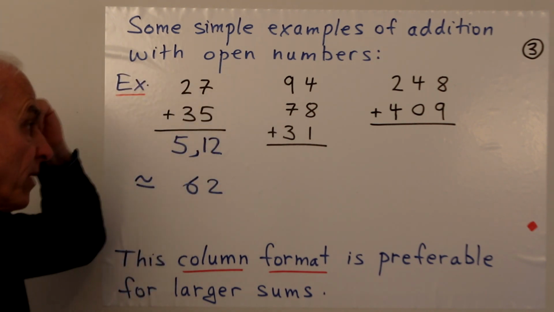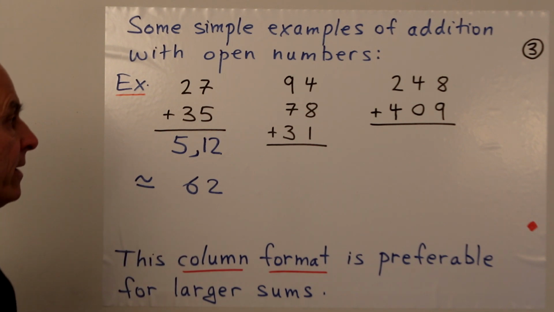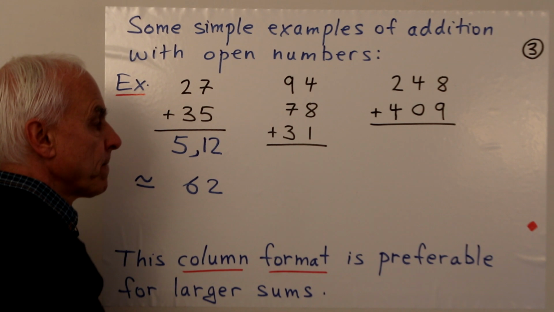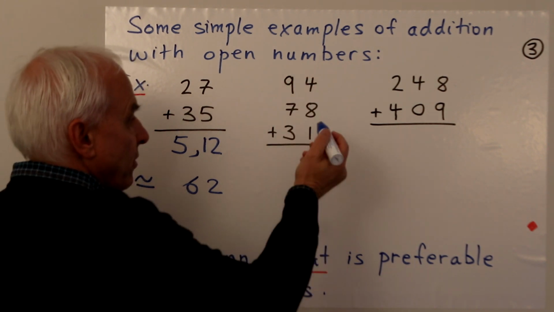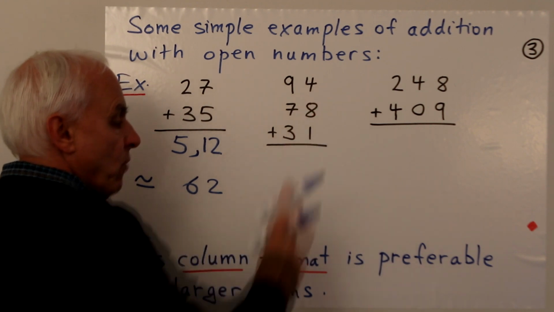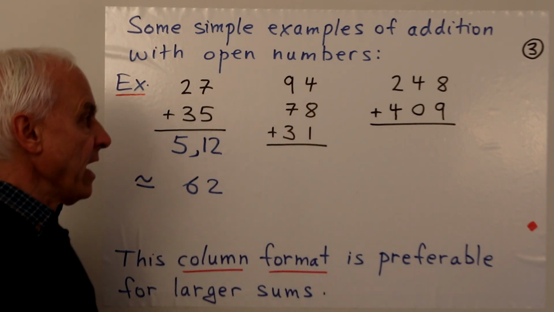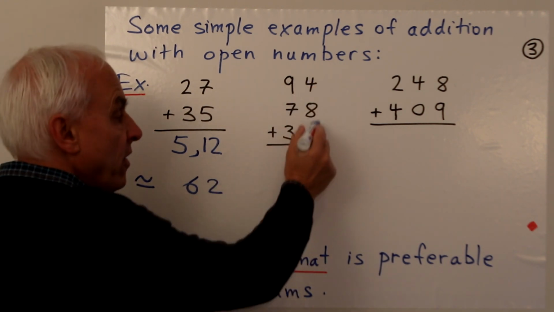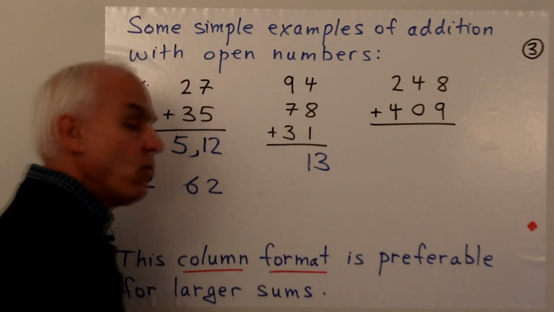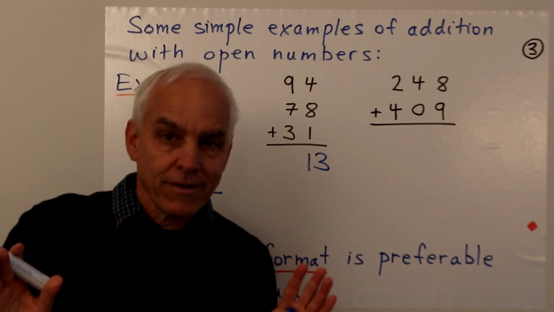Okay, let's have a look at this one. Here we have 3 numbers, 94 plus 78 plus 31. We do the ones separately from the tens. The ones is 4 plus 8 plus 1. Typically we like to read down. 4 plus 8 is 12, plus 1 is 13. So we write down 13. That's how many ones there are altogether. Okay?